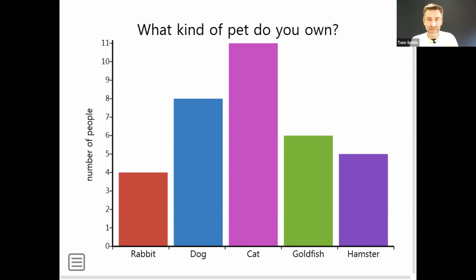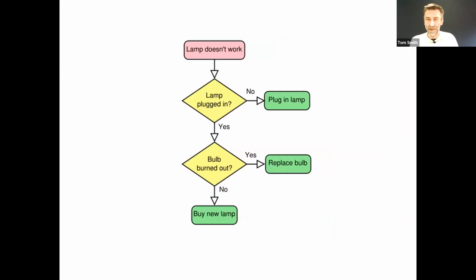The tricky one is flow diagrams, and things like flow diagrams get quite tricky in terms of how you describe them. But again, if we step back into what I was saying, this flow diagram is about checking if a lamp works or doesn't work.